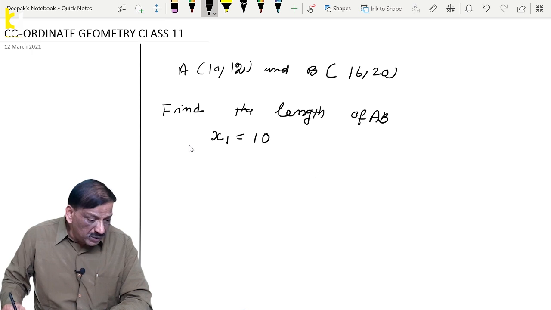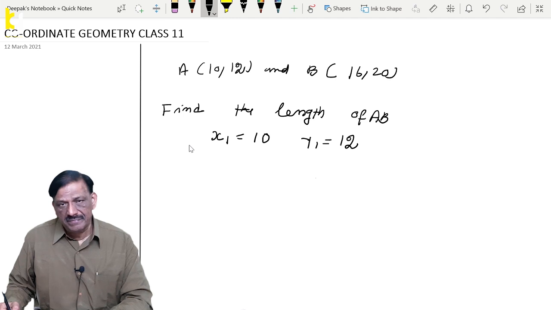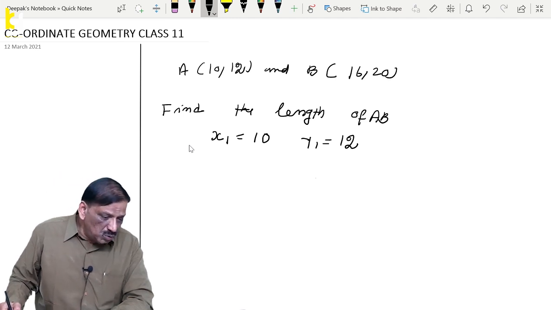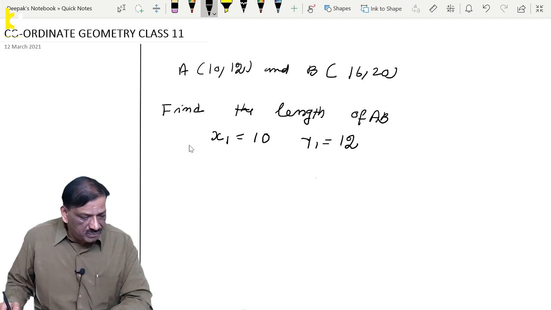Then the first point y-coordinate, that is y1 equal 12.